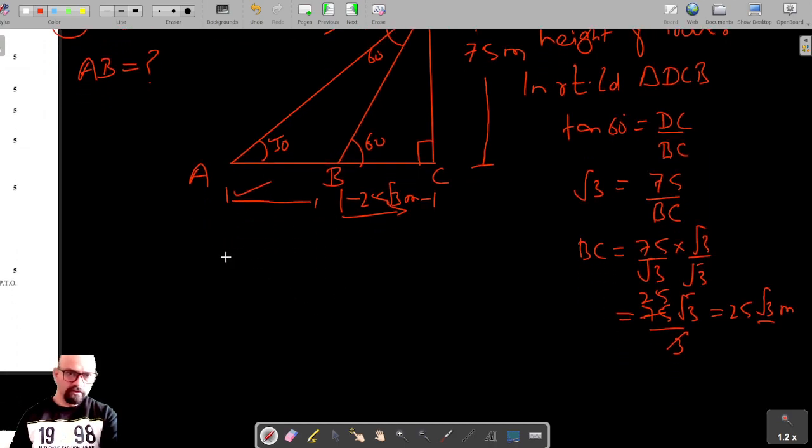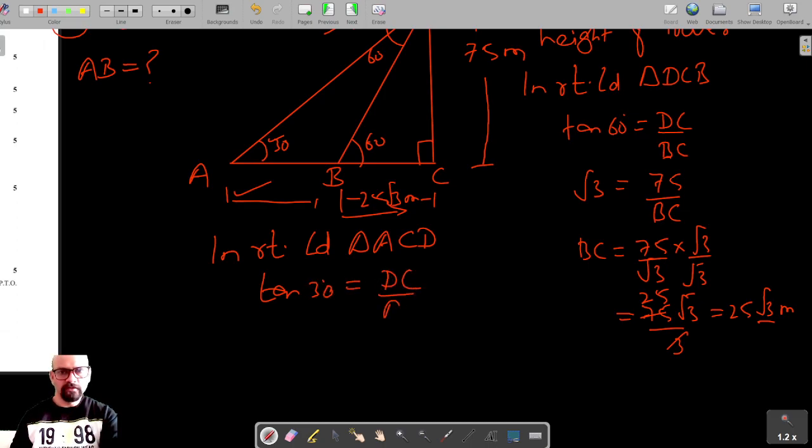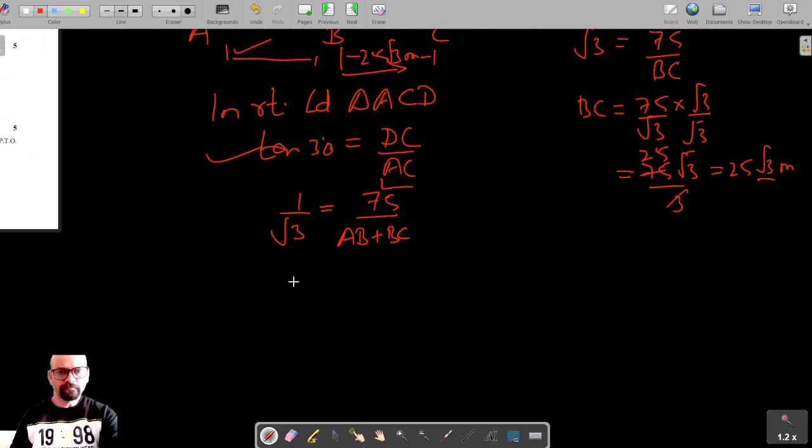And now we are going to use another tan ratio in the bigger right angle triangle, that is ACD. It's tan 30, which is equal to DC by AC. Now tan 30 is 1 by root 3. DC is 75 and AC can be broken into AB plus BC.